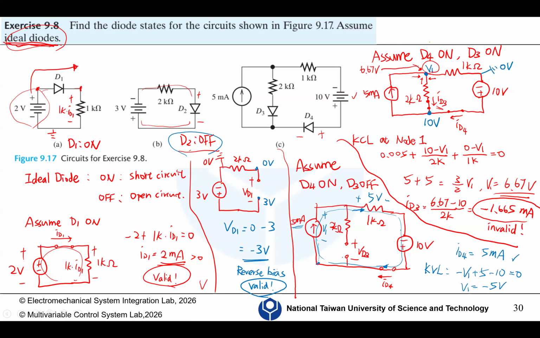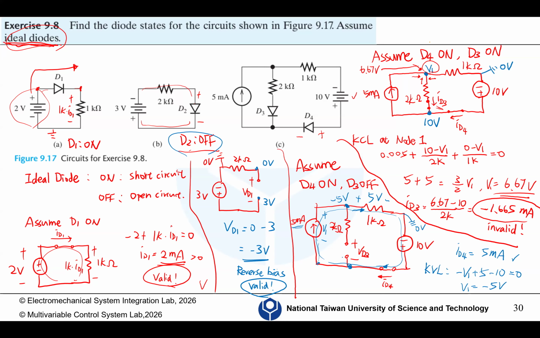Okay, V1 is minus 5 volts. So if we assume this is 0 volts, then 0 volts go across this voltage source.